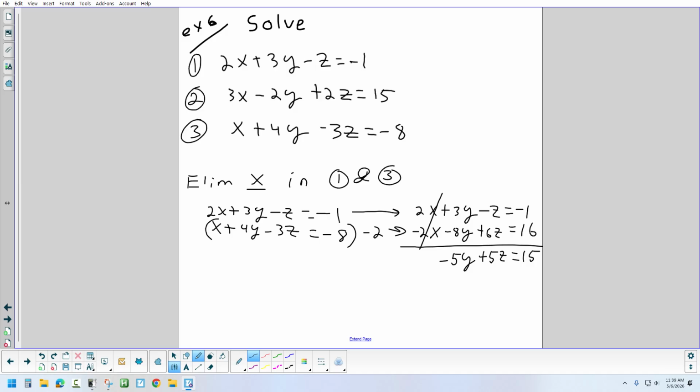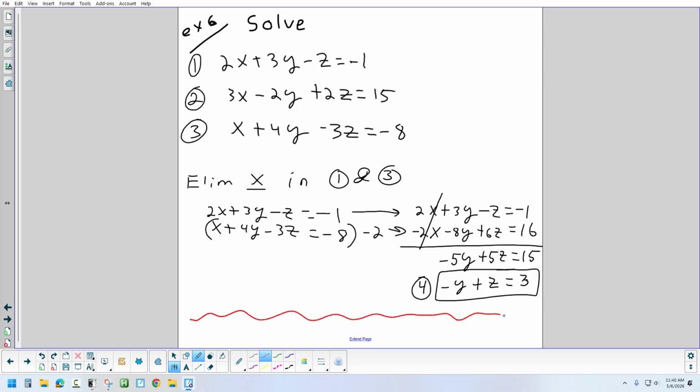But there's something you could do to this equation just to make it a little easier to work with in the future. Anybody see what we could do? Yeah, we can divide everything by 5. It's not necessary, but it will help. So divide by 5. You get -y plus z equals 3. And that is my new equation. I'm going to call that equation 4.